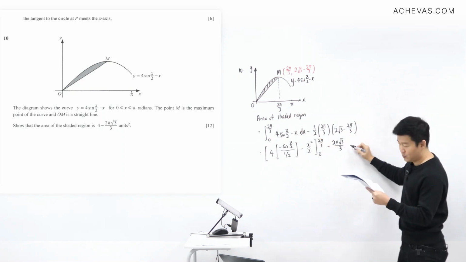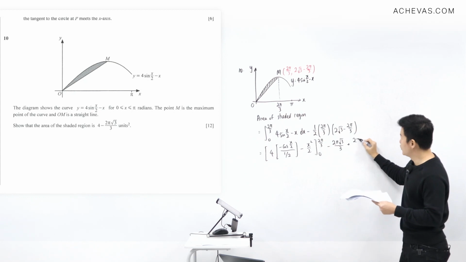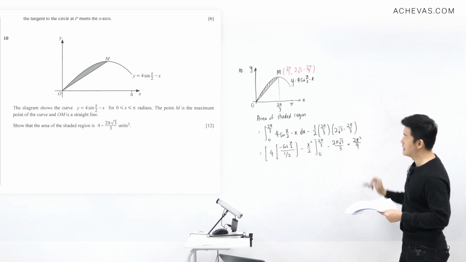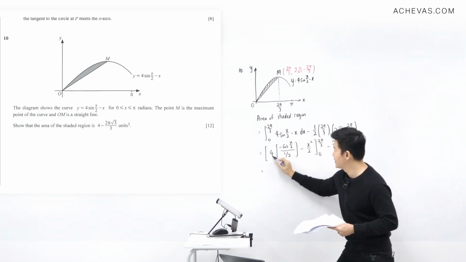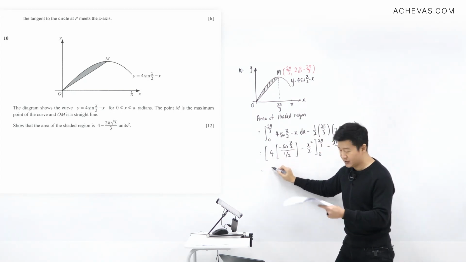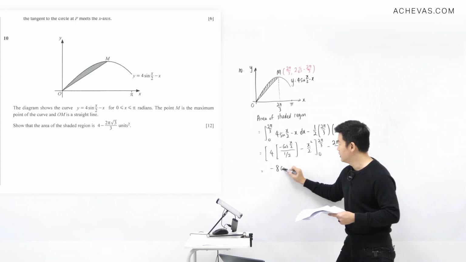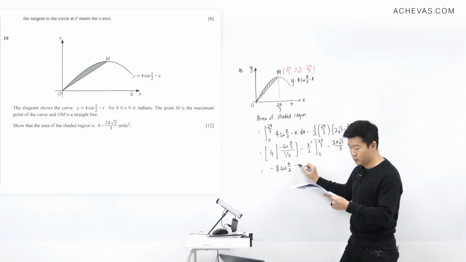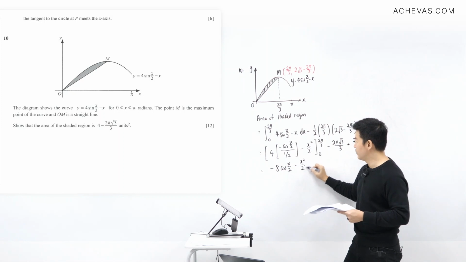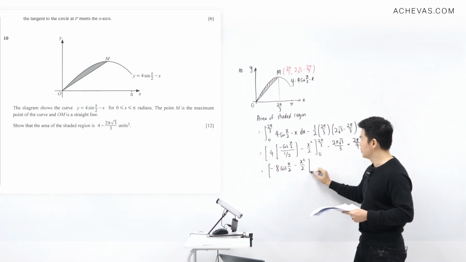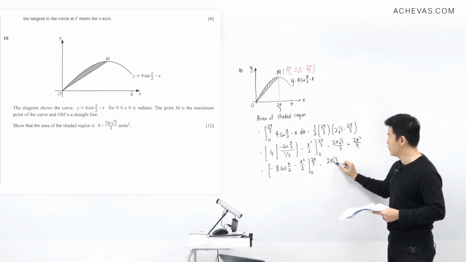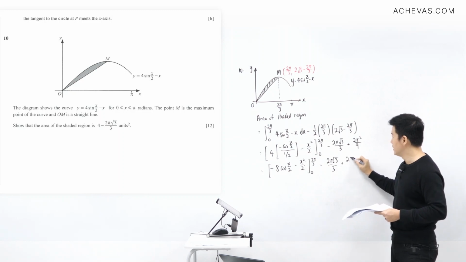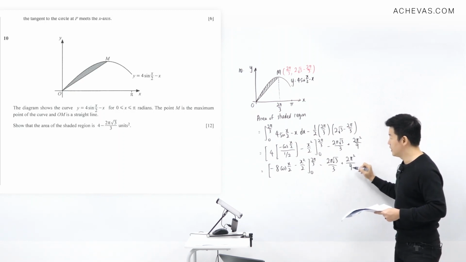Multiplying this to this, we will have a plus 2π²/9. And for this, let me simplify this a little bit, okay? So this is going to be this divided by this with a negative here. So this is going to be negative 8 cosine of x/2 minus x squared over 2. So this from 0 to 2π/3, minus away 2π√3/3 plus 2π²/9.